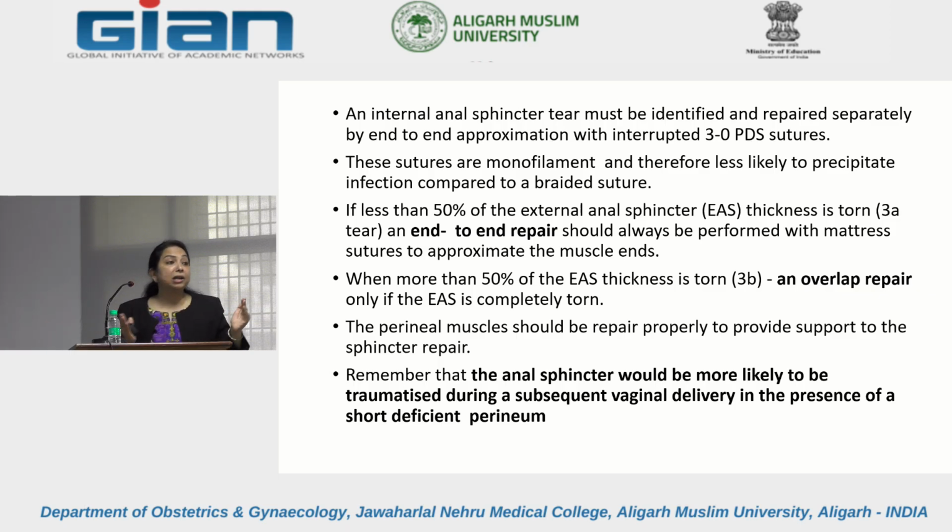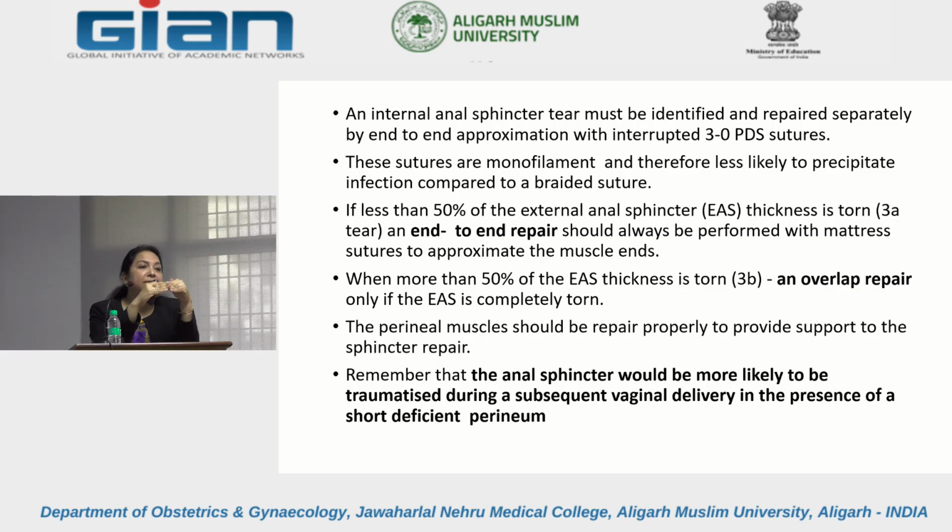Another thing, the perineal muscles should be approximated over the anal sphincter, and the perineum should be created enough, at least 3 centimeters, because with future deliveries it may get further torn, and the perineal muscle will give strength to the anal sphincter.